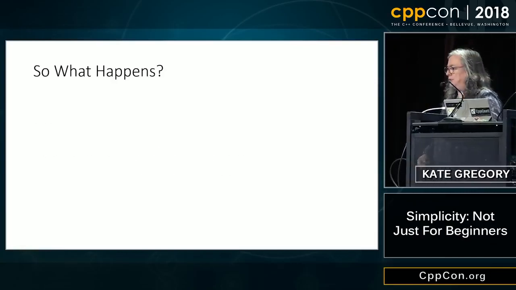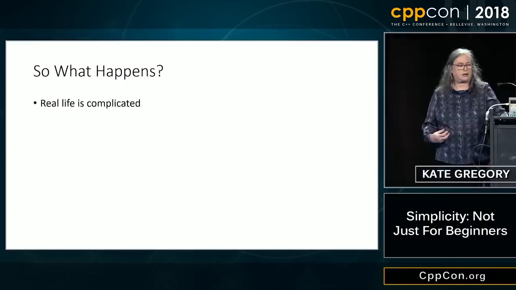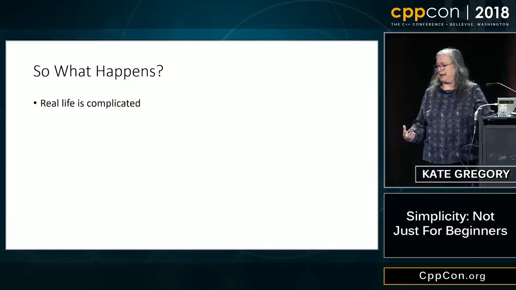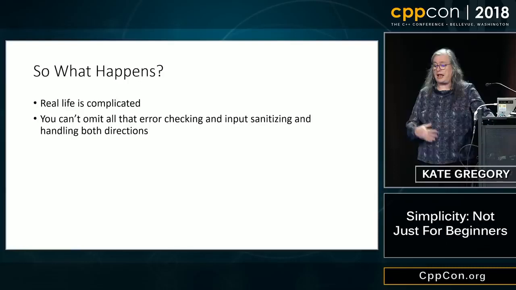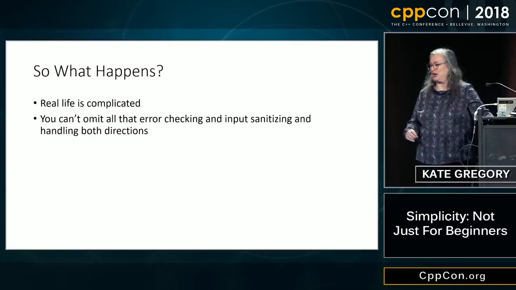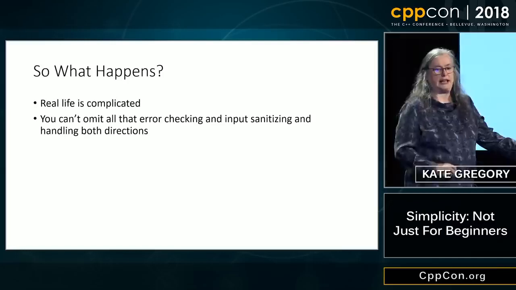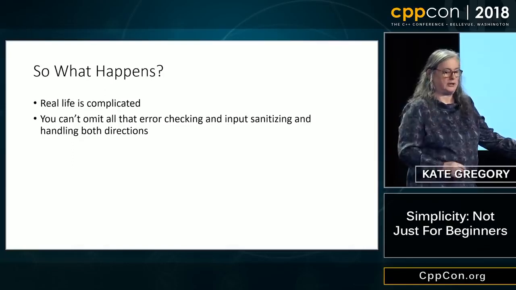But in real life, after someone has received that kind of training, life is more complicated than that. In real life, you have to check. You have to make sure that you got the sort of input you expected. You have to do the calculations forwards and backwards, up and back, before and after.